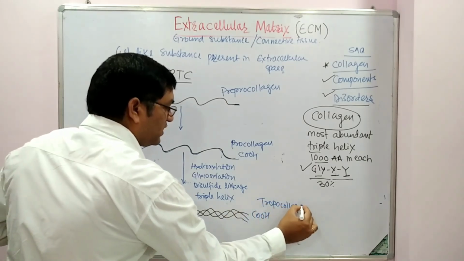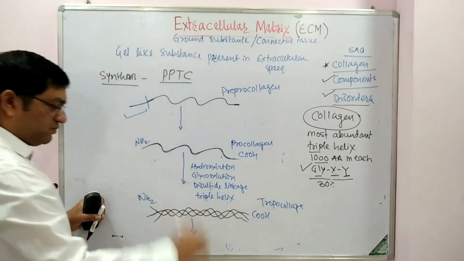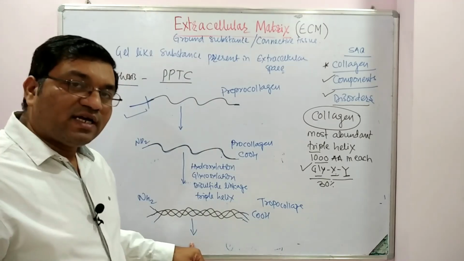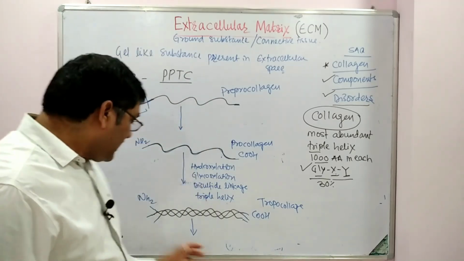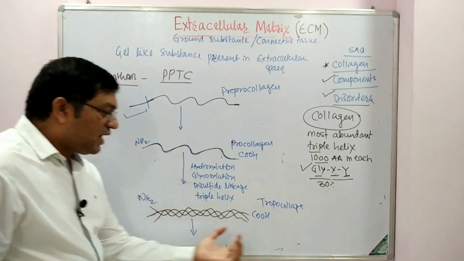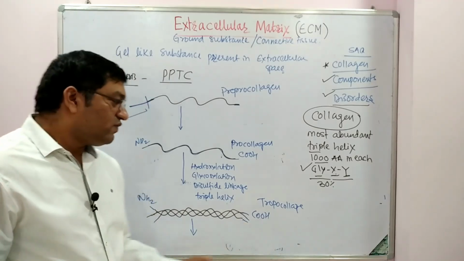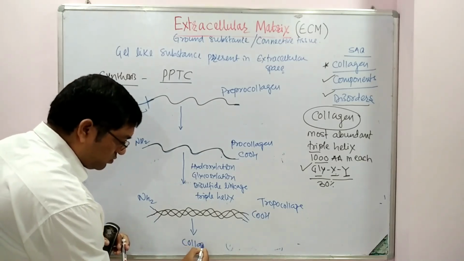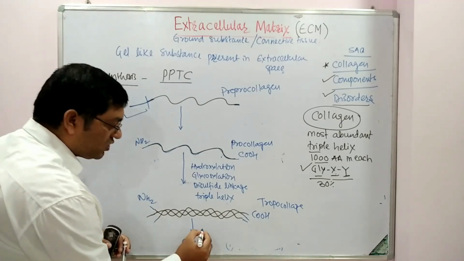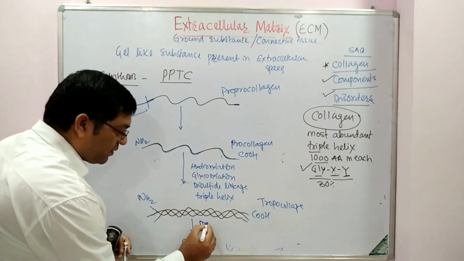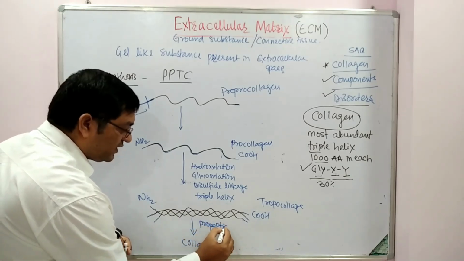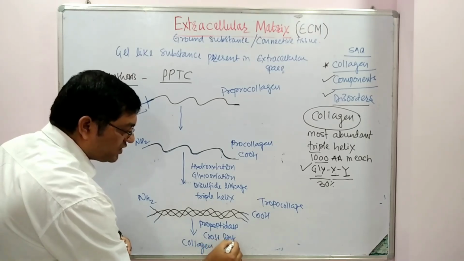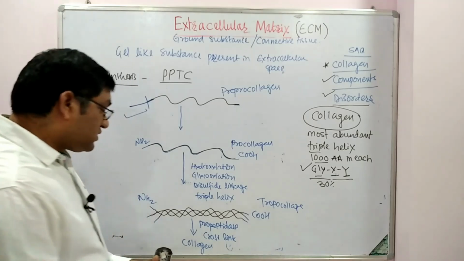Now this tropocollagen, by the action of amino propeptidase and carboxy propeptidase, which cleave off the amino terminal and carboxyl terminal, is converted into collagen, with formation of collagen cross links through hydroxylysine.